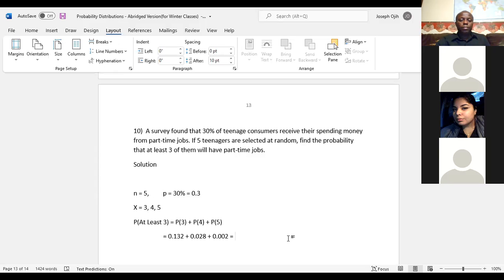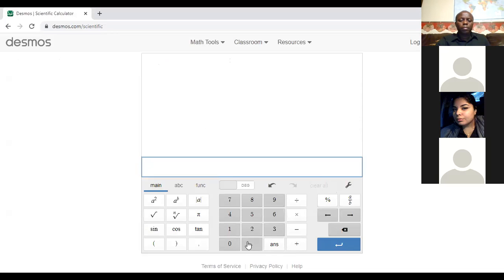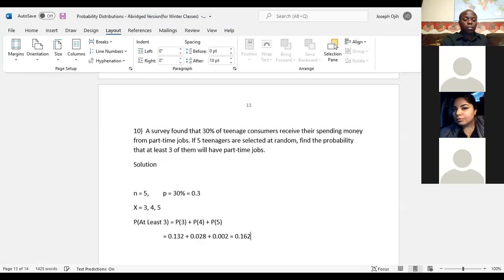So I can put them in a calculator now. 0.132 plus 0.028 plus 0.002 gives 0.162. All right. 0.162. Any question?